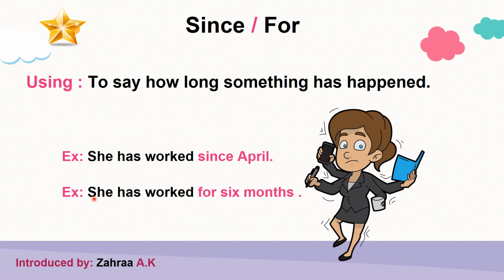The second example: She has worked for 6 months. After for comes a period of time, but not a specific time, لكن since April بعدها April. About since and for, I will explain in more detail in the next video. I will just say here the use of since and for with these examples.